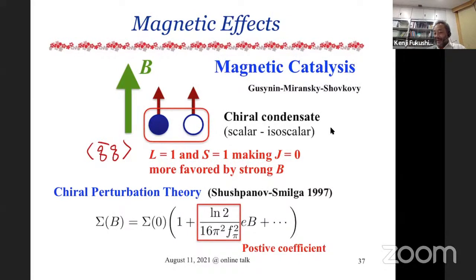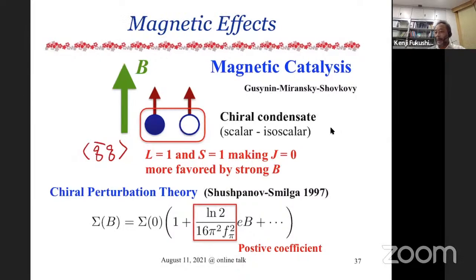And so L equals 1, S equals 1 should make J equal 0. This means that the spin should be a triplet, not a singlet. And this triplet state is more favored by the presence of the magnetic field. And in this way, this condensate is enhanced. This is an intuitive explanation.